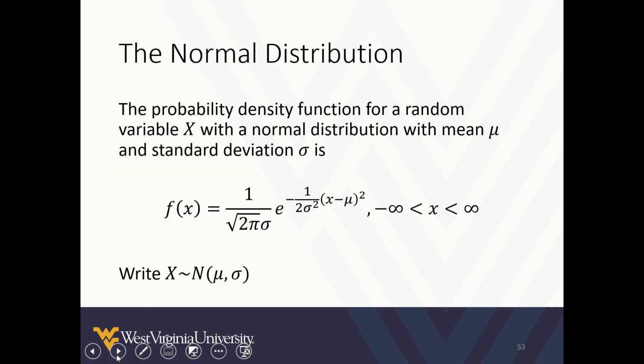So defining the normal distribution properly, the probability density function for a random variable x with a normal distribution with mean mu and standard deviation sigma is f of x equal to 1 over the square root of 2 pi multiplied by sigma, all multiplied by e to the negative 1 over 2 sigma squared multiplied by the quantity of x minus mu quantity squared on the bounds from negative infinity to infinity.